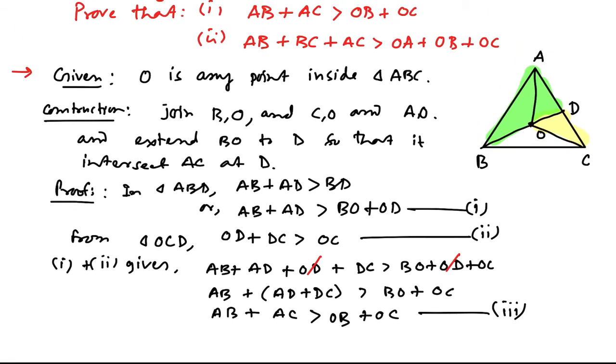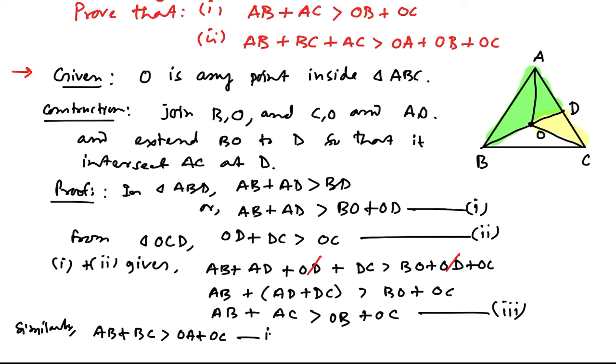Similarly, we can prove the other two. The other two are: AC plus BC is greater than OA plus OB, and AB plus BC is greater than OA plus OC.